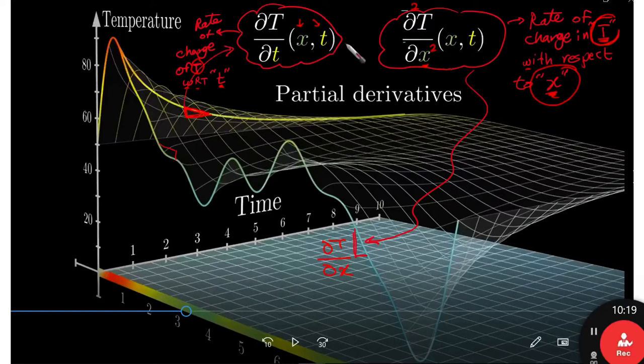So we can equate them, and we are going to put here a constant k. This k depends on the medium that we are talking about, the conductivity of the bar and so on, and it is going to be given always.